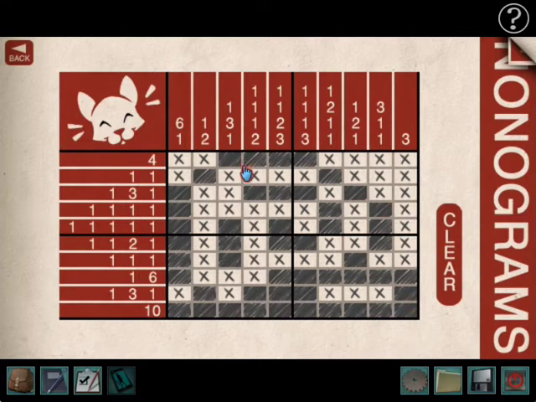Okay. So the ones that have a mistake are this column and this row. How are we going to rectify that, though? How are we going to do this?